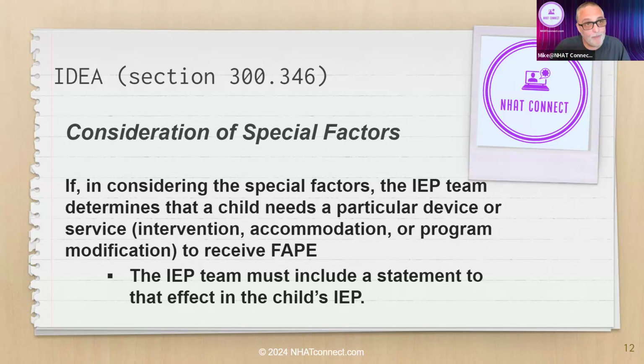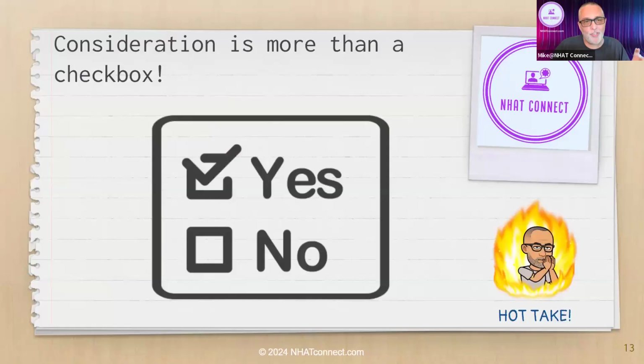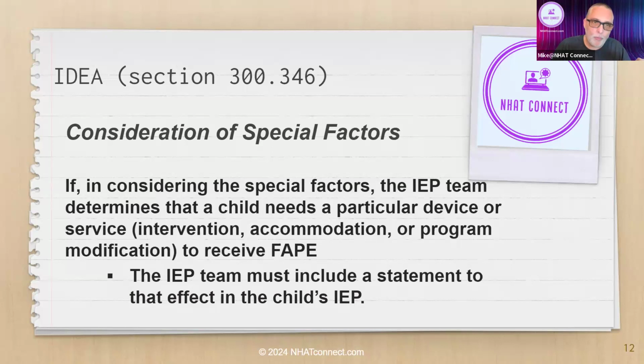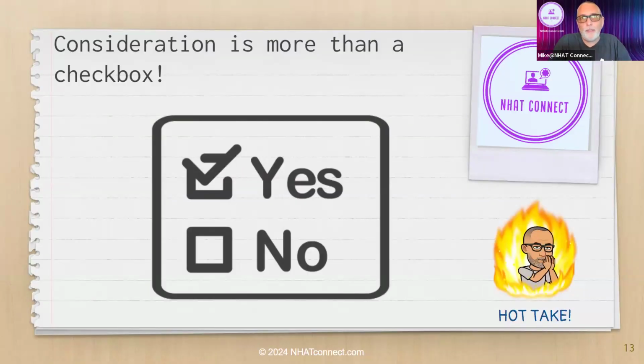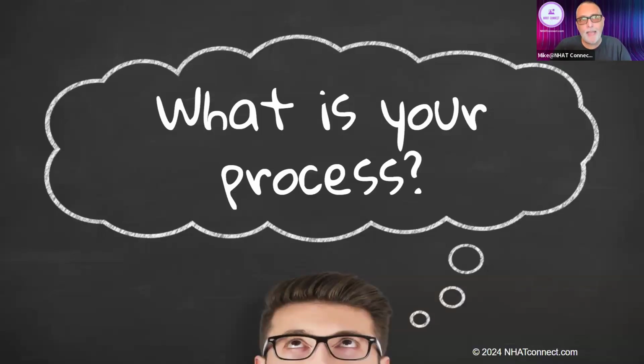I'm a big fan of that last bullet because, and Jen mentioned it already, this idea of consideration is more than just the box that says you did it. Think about that statement. How did you do it? What did that look like for that student? That's true consideration, getting deeper into your process of doing this, because ultimately that's what guides this along.